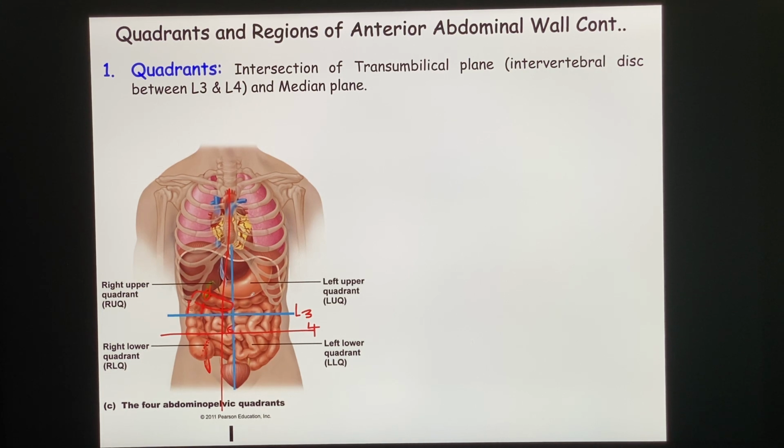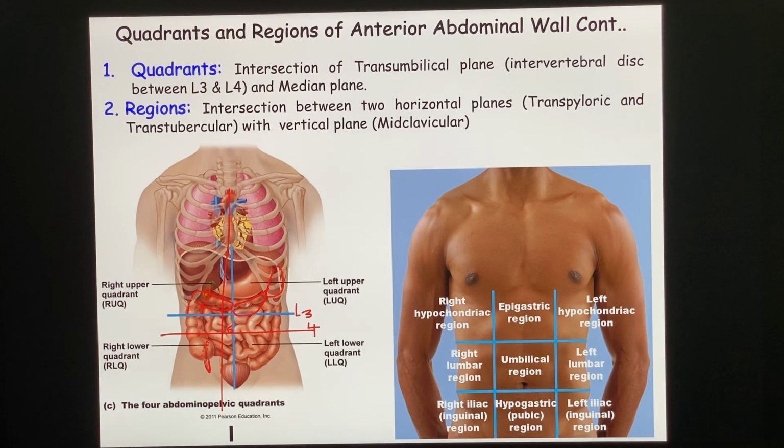What about the left upper quadrant? Here there's a highly vascular structure hiding here. That's the spleen, right? And then this is the stomach, correct? And then there's something which is heading towards the spleen. It's both an exocrine and an endocrine organ. That's the pancreas. So this is the reason why we need to know about the different regions and the quadrants.